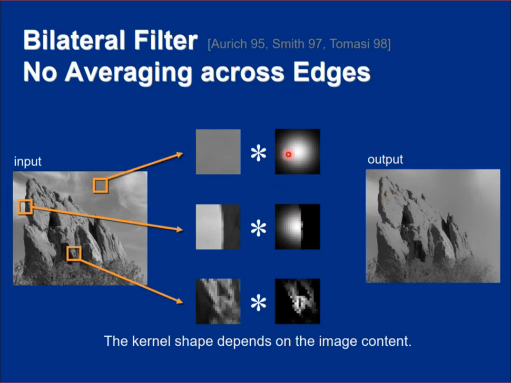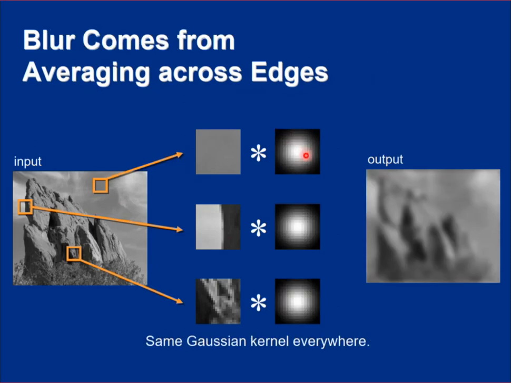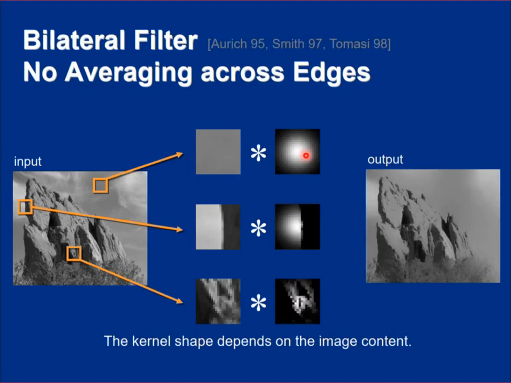So the next question is how to create filters pixel by pixel. For the Gaussian filter, they apply the same filter for all pixels, right? But for the bilateral filter, they apply a different filter for every pixel.